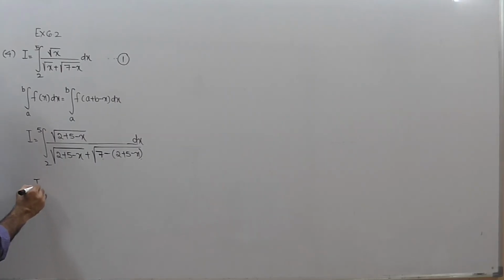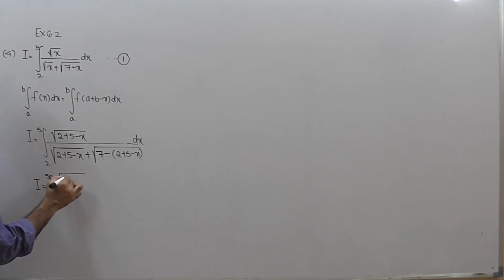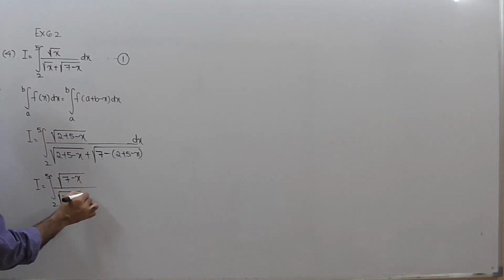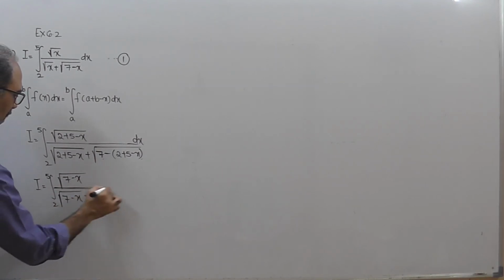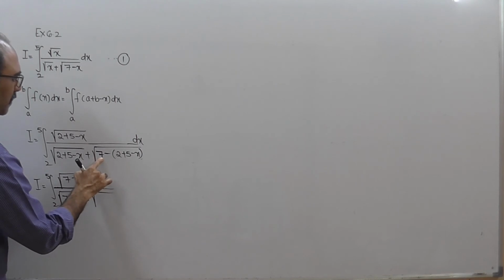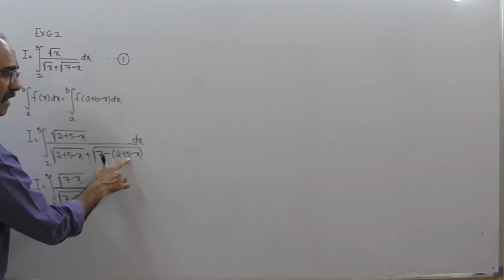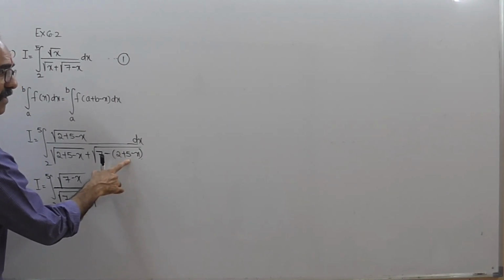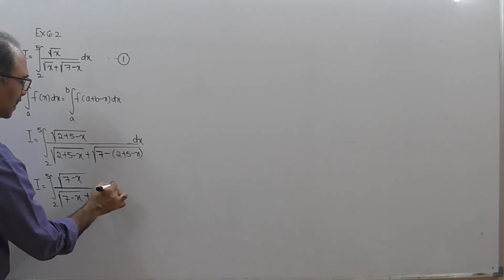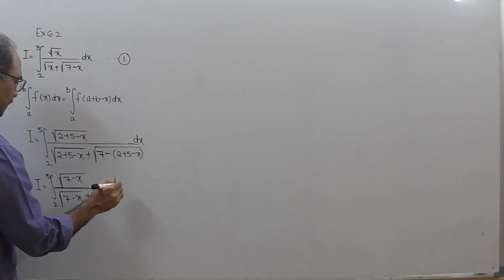My I will be equal to integration 2 to 5, 2 plus 5 is 7, this is 7 minus x, again this is 7 minus x, and if you open up this you get root of 7 minus 2 minus 5, so 7 minus 2 minus 5 means 7 minus 7 कट हो जाएगा, minus of minus x means you get plus x and dx.